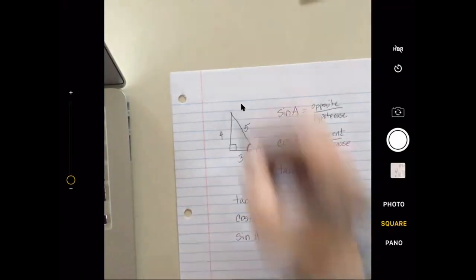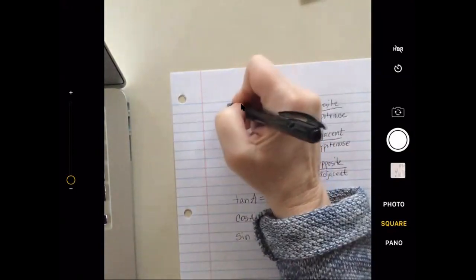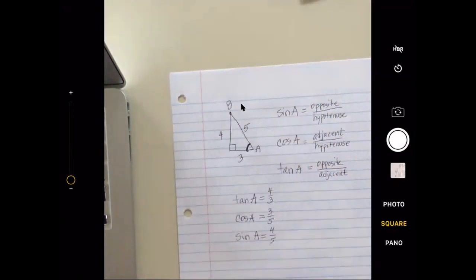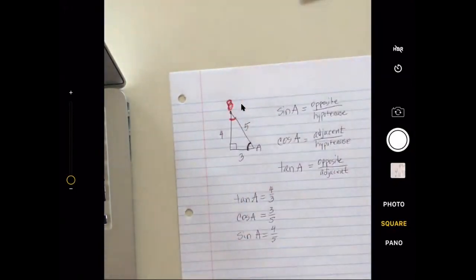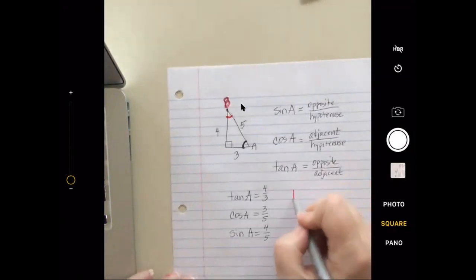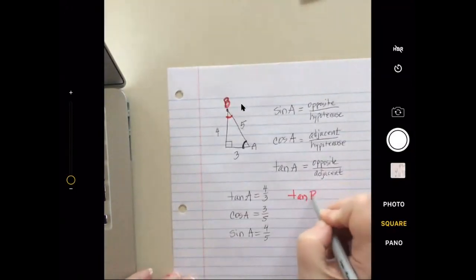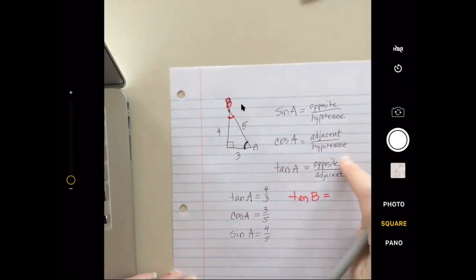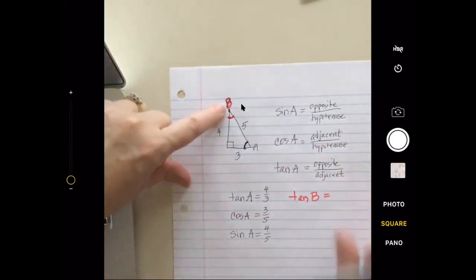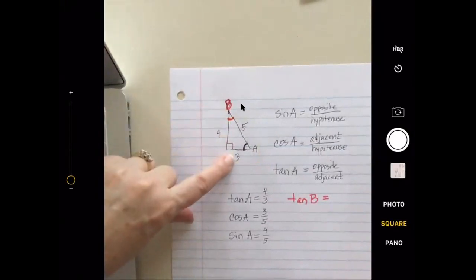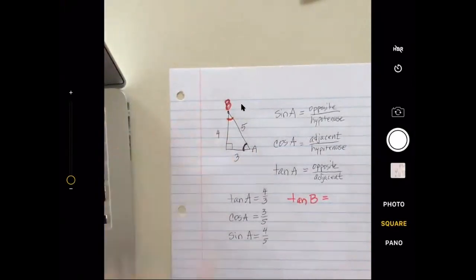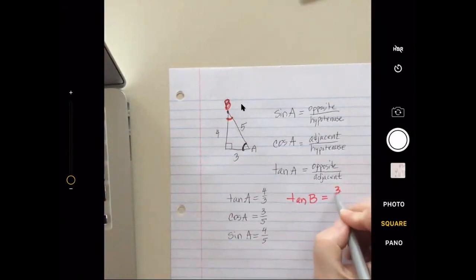What's interesting is if I call this angle up here B, I can find the tangent of B. Tangent is opposite over adjacent. From angle B's perspective, the opposite leg is 3 and the adjacent leg is 4, so it's 3 over 4, just upside down from that one.